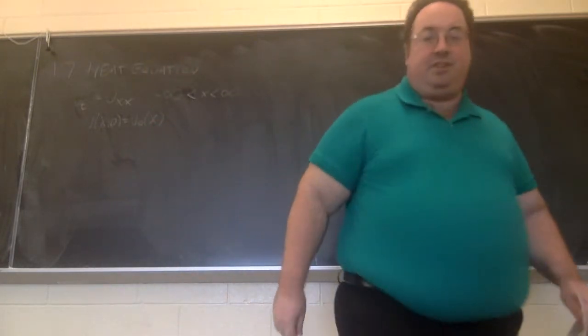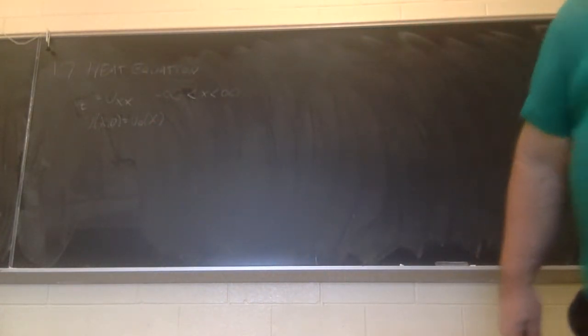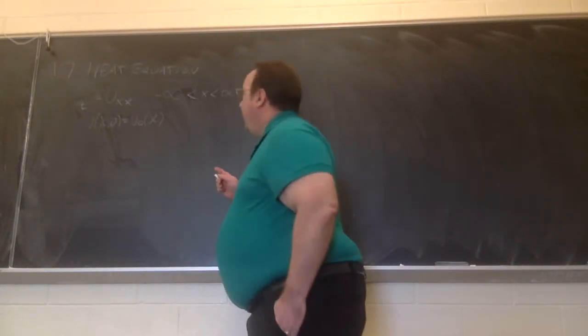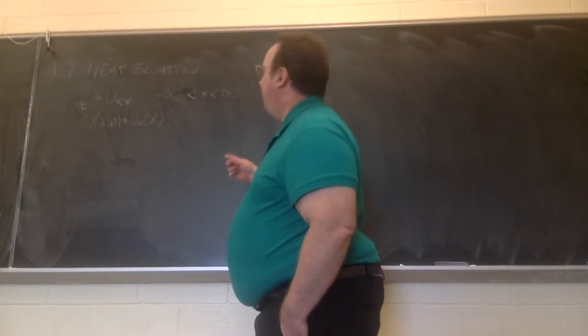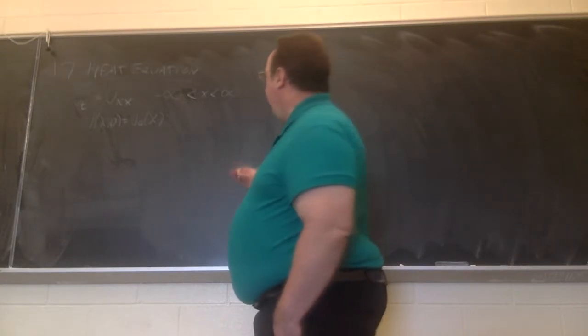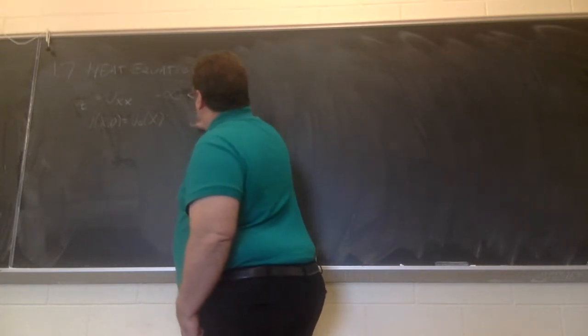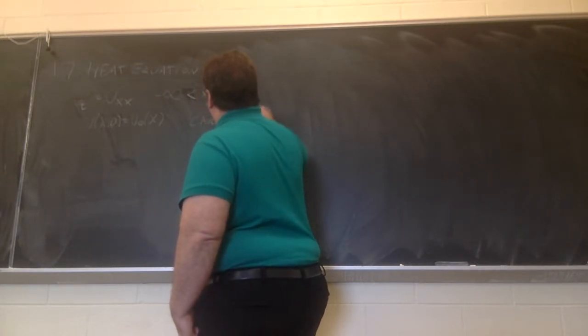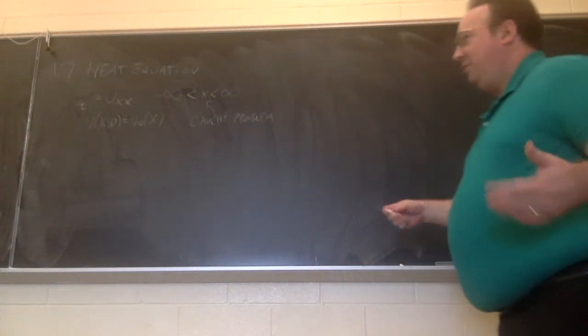So no boundary conditions, which is nice because boundary conditions are a pain. And when we have this one-dimensional problem on the entire real line, we call that the Cauchy problem. I have no idea why. Well, I'm sure it's because Cauchy was interested in it.